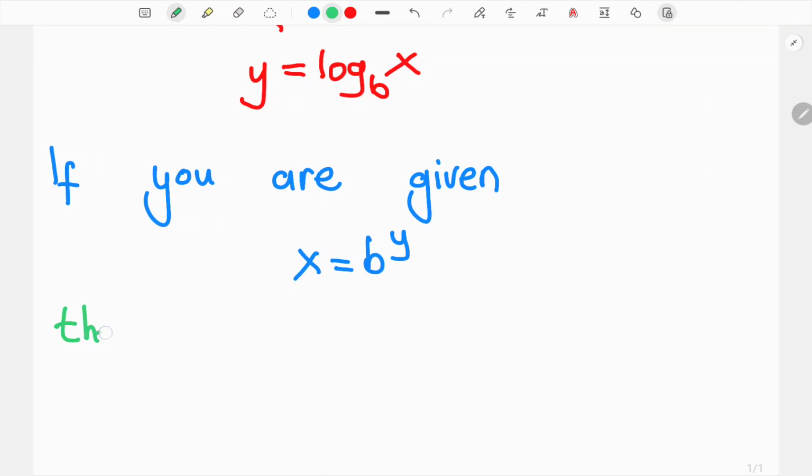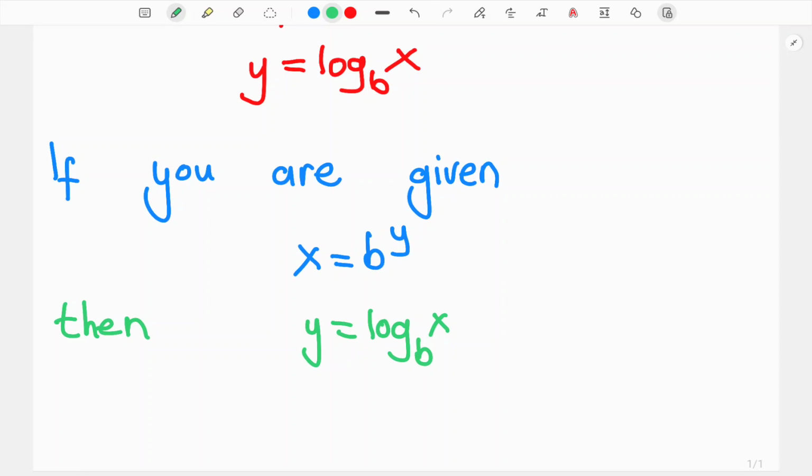Then y equals log base b of x. If you are given something in exponential form and you have to solve for y, you convert it into logs. That's what this law is saying.